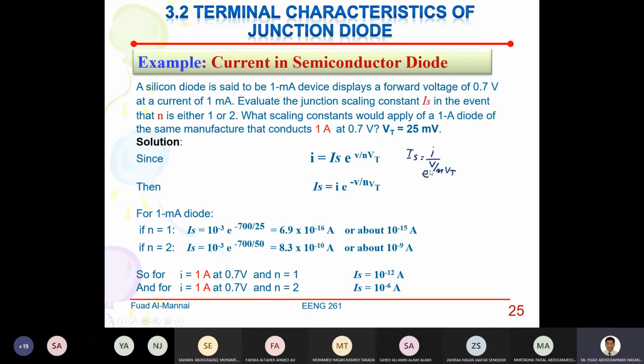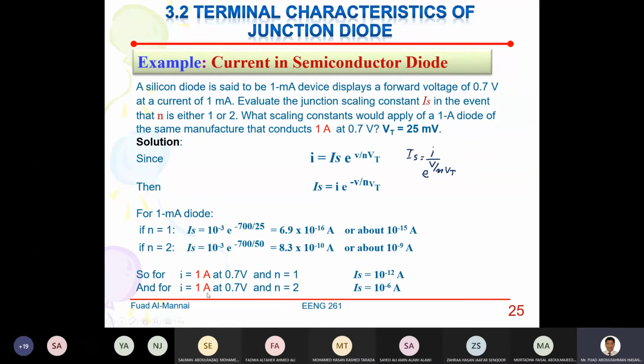When I take it up, the exponent becomes minus. Therefore, IS is equal to I e to the power minus VD divided by NVT.